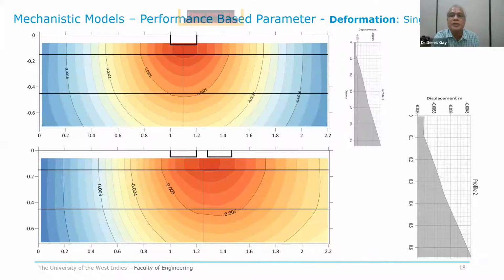This here is deformation, which is interesting. This is just the deformation model of the single tire and the deformation model of the double. The takeaway here basically is, if you look at the upper, forget the value, the number is 0.005 millimeters. And with two tires, the top is 0.0025 and the bottom is 0.005. So you could get a 100% increase in deformation.